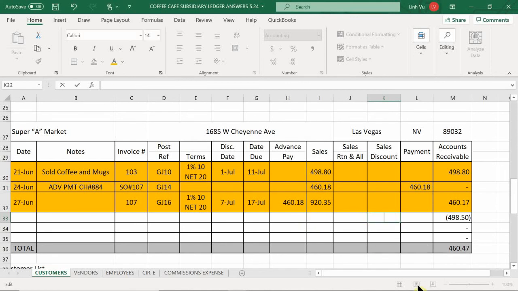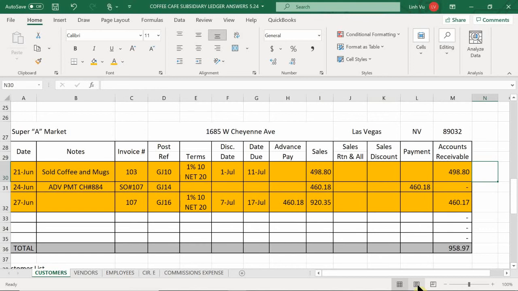Now in this case, we have two numbers that we're dealing with. So if you want to, you could do that on the side to help you figure that number out. You can do 498.80 minus the 30, which gives you 468.80, then multiply by the 1%.